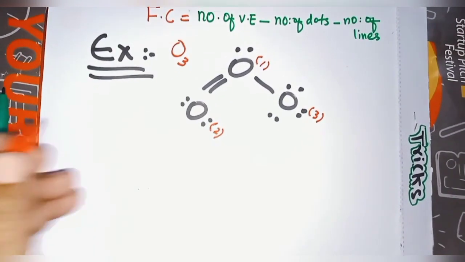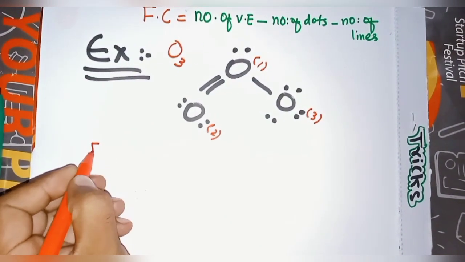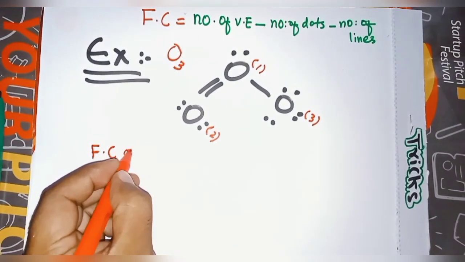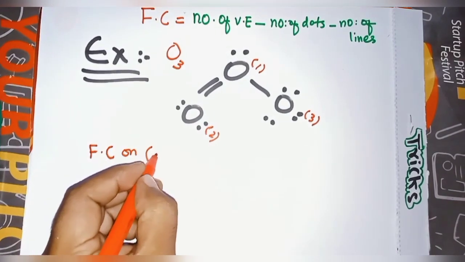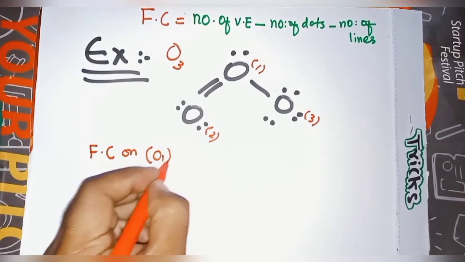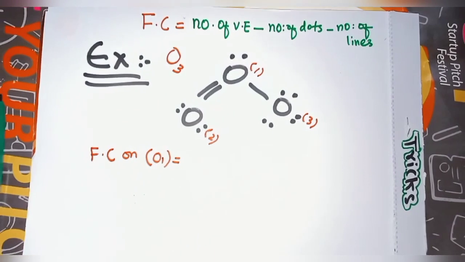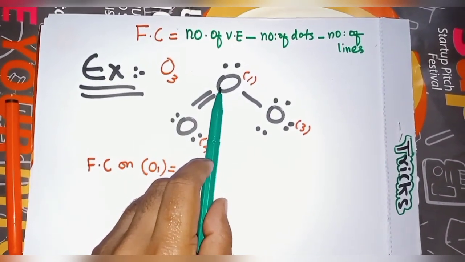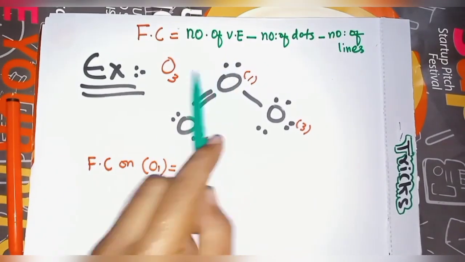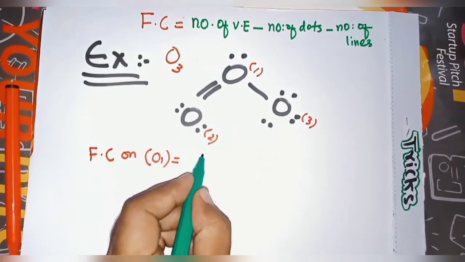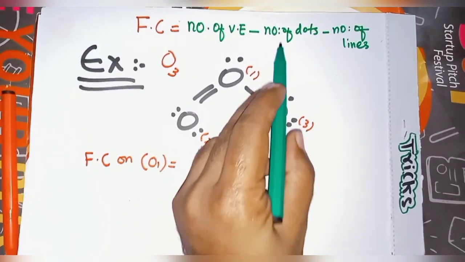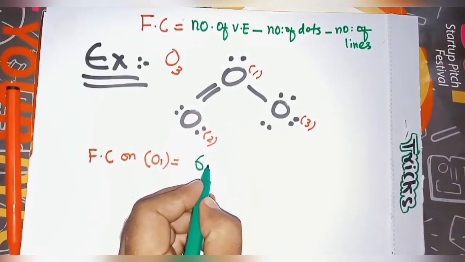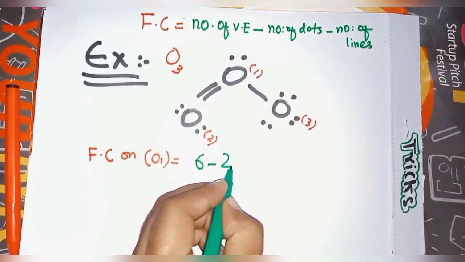So you know that the formal charge on the first oxygen is equal to, as you know, oxygen belongs to the 6th group. So the number of valence electrons on the first oxygen is 6. The number of dots here is 2, so minus 2.